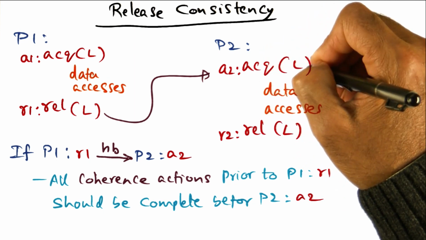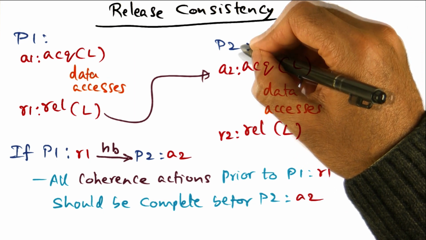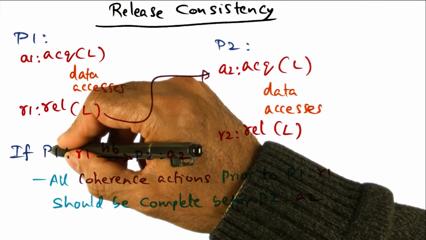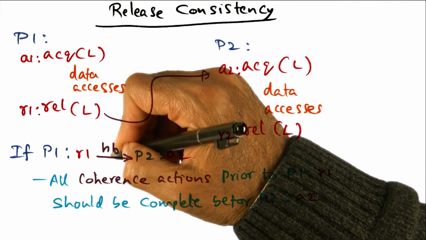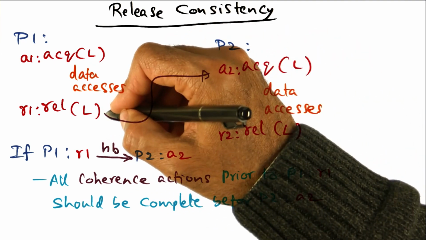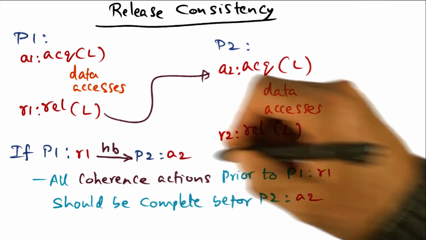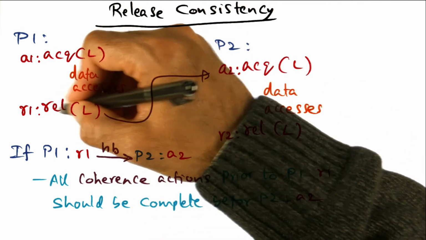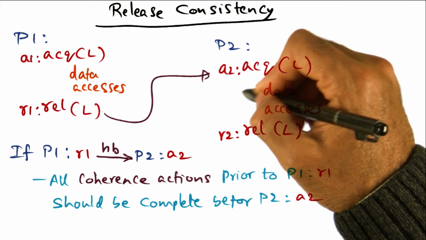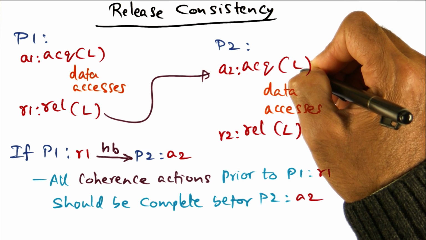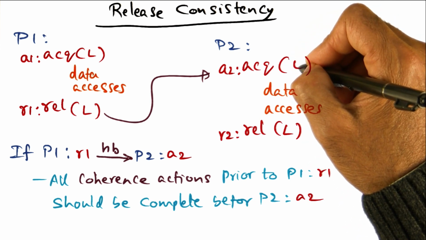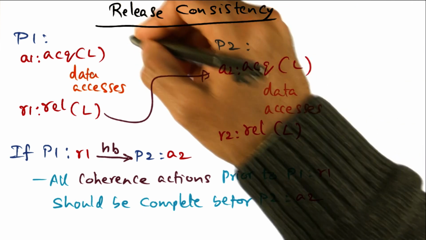That is the acquire operation that is being done by P2. If this acquire operation for the same block happened after the release by P1 R1, all that we have to ensure is that all the coherence actions prior to this release of the lock by P1 have to be complete before we allow P2 to acquire the same lock L. That's the idea of release consistency.